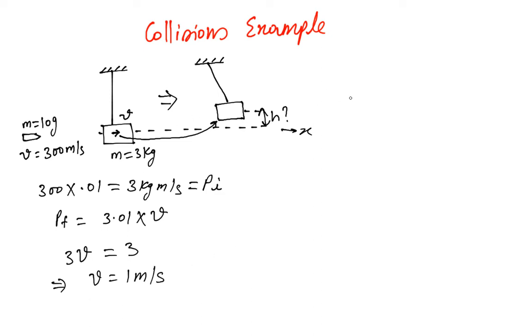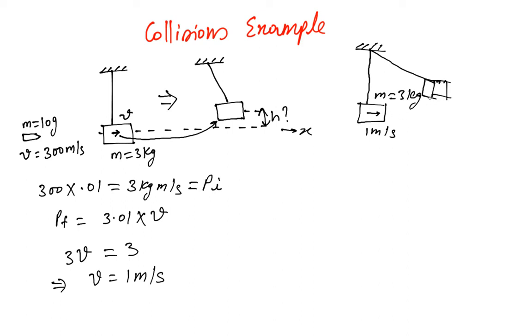Okay, so we are now in a situation where this system has started to move with a velocity of 1 meter per second. It has a mass of 3.01, but let's say it has a mass of 3 kilograms. Now it's just a problem of energy conservation, because from here to here, sorry for the bad drawing, but let's assume it looks something like this.